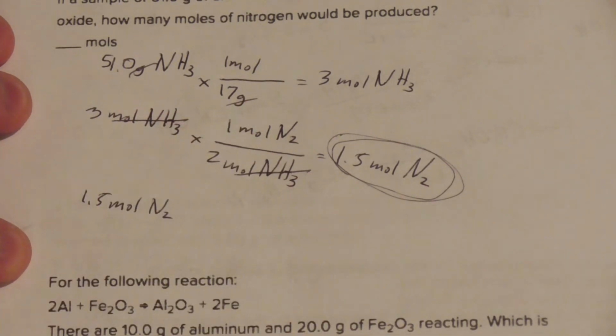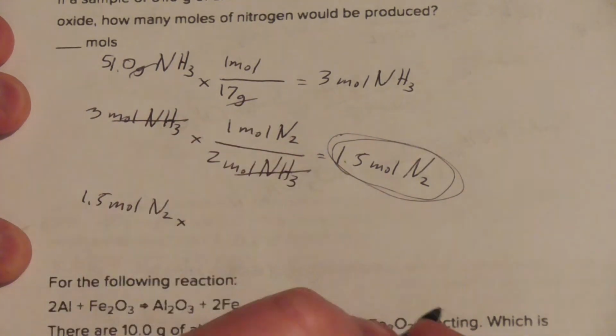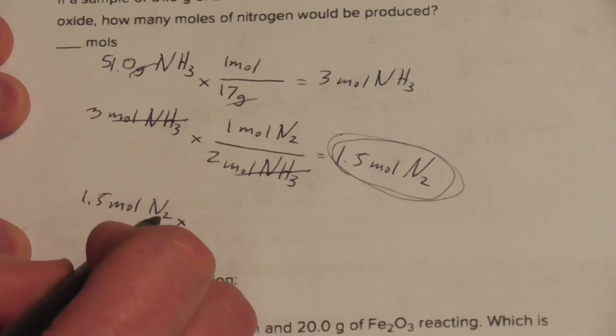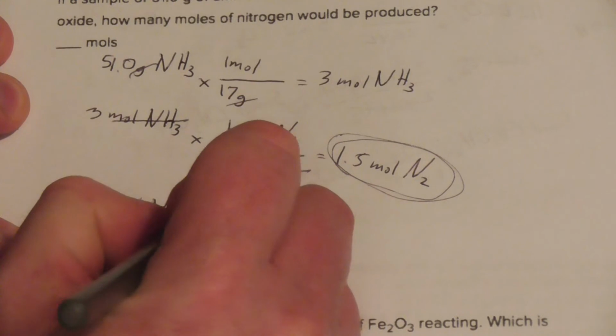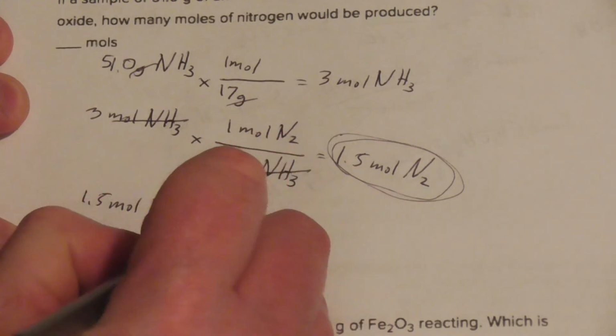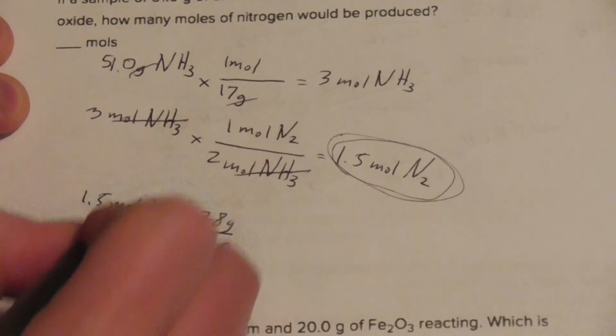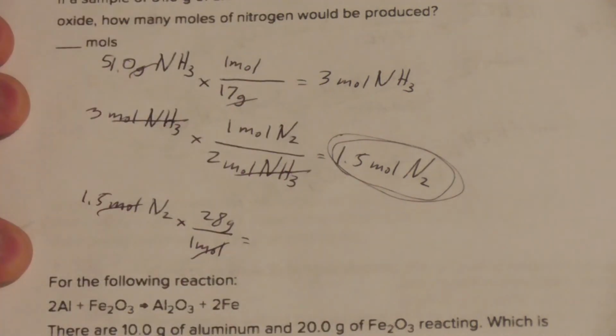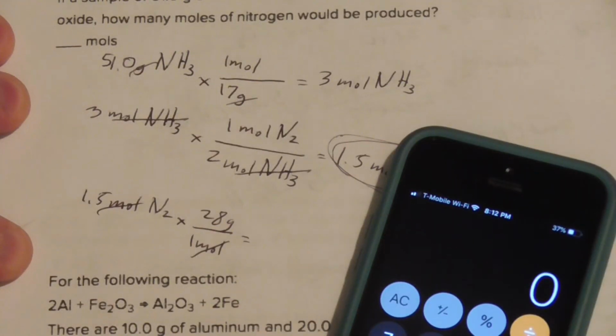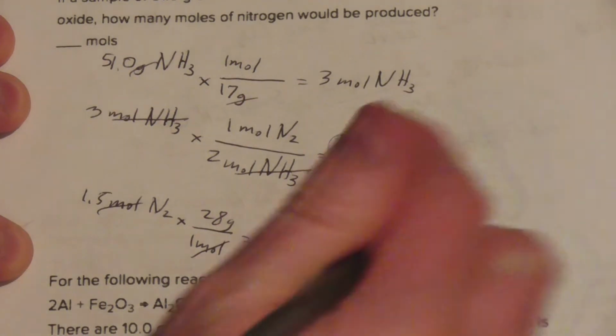So if I wanted to convert that to grams, N2, 2 nitrogens, each nitrogen is 14, 28 grams over 1 mole. So my moles cancel out. That would give me the gram value. In this particular case, 1.5 times 28 is 42 grams.